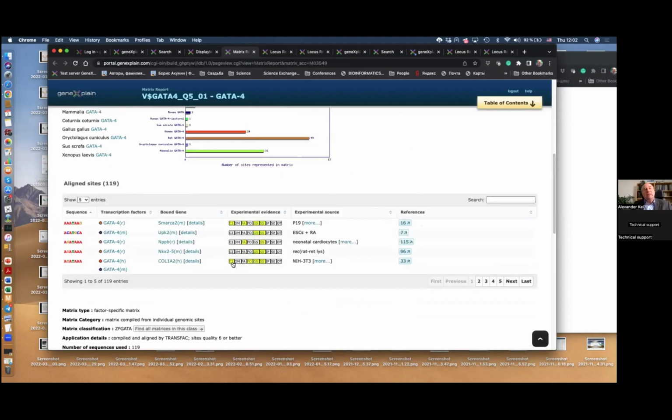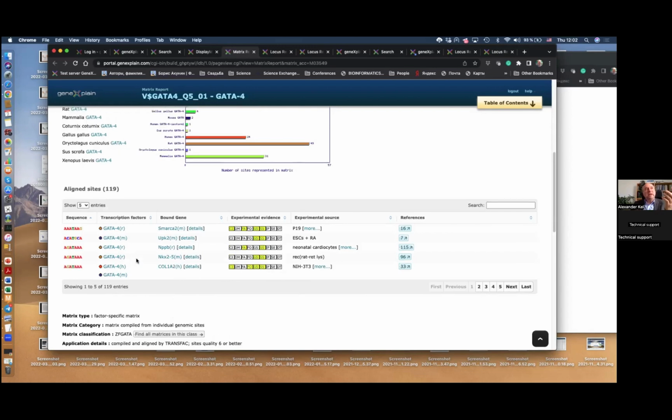You see here how many types of evidence might confirm a particular binding site. It can be just binding of a protein, or a functional assay confirming that this binding is actually leading to expression or regulation of that gene. So the more evidence you have, the higher the quality. The best quality, it's a German system, is Q1, and the worst quality is Q6.